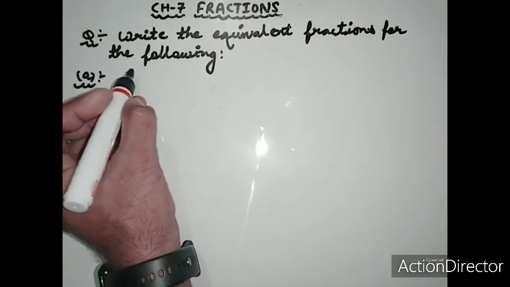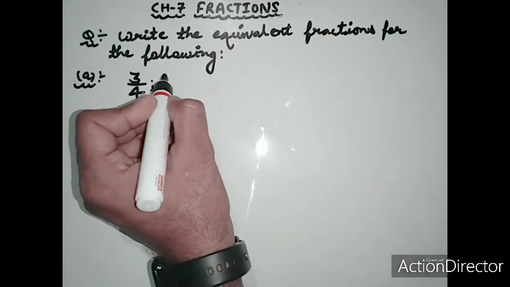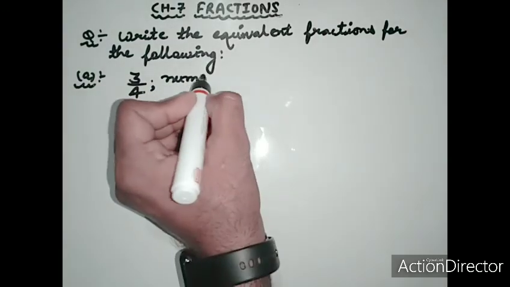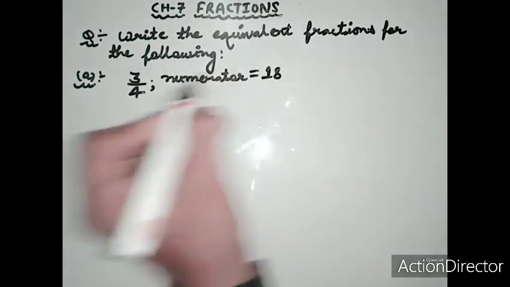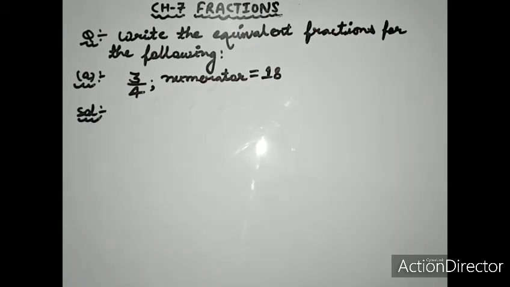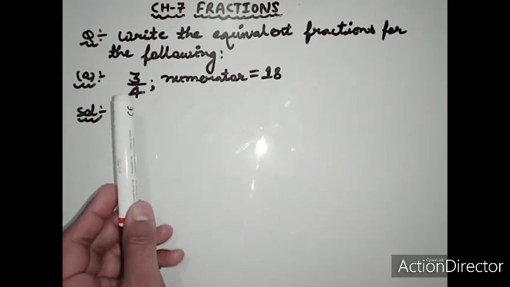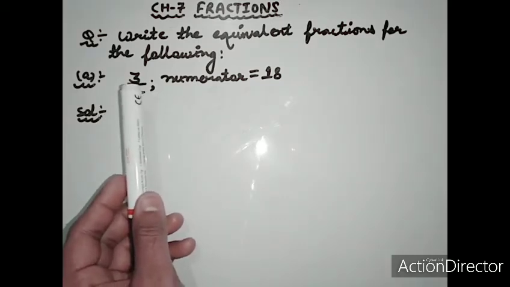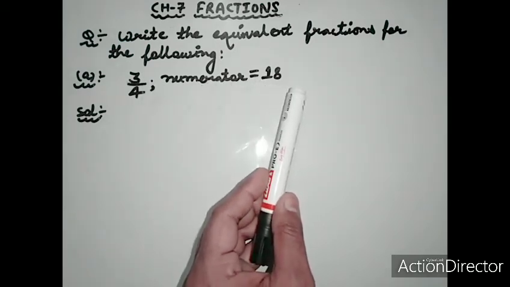So here 3 upon 4, numerator 18. So here we find an equivalent fraction, and we continue finding the fraction till we get numerator 18.